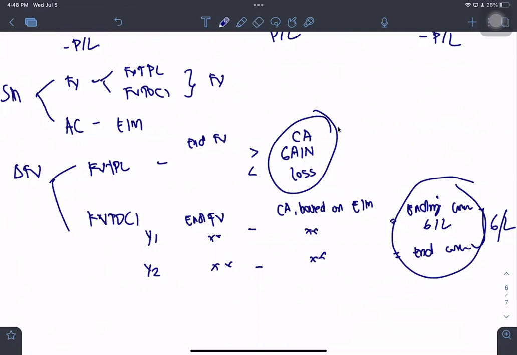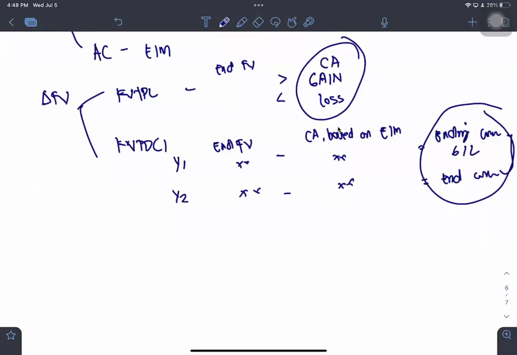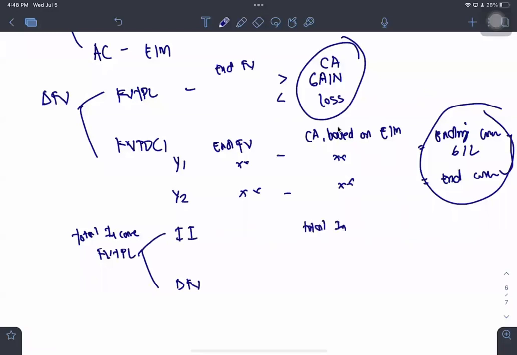Also, guys, always take note of this. Your total income under FVTPL is composed of your interest income and your changes in fair value. The total income in your FVTOCI is composed also of your interest income and your changes in fair value.